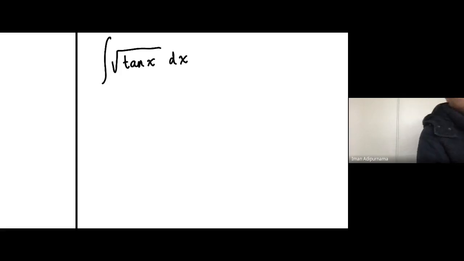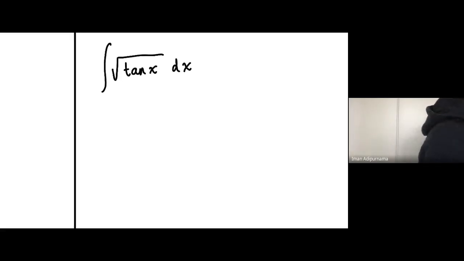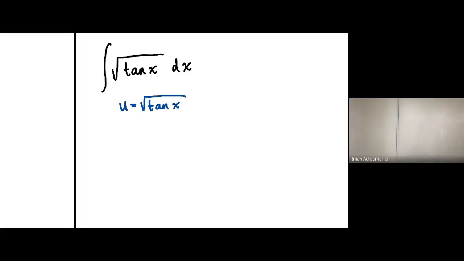Okay, let me give you the first step to solve this integral. One thing that really bothers me is the square root, right? So let's substitute the square root of tangent x with u. If you are thinking of u substitution, you usually derive directly, but if you differentiate the square root of tangent x, it becomes a big fraction.